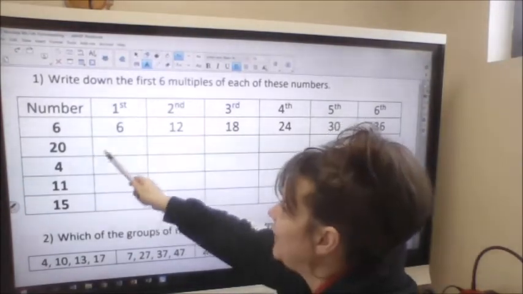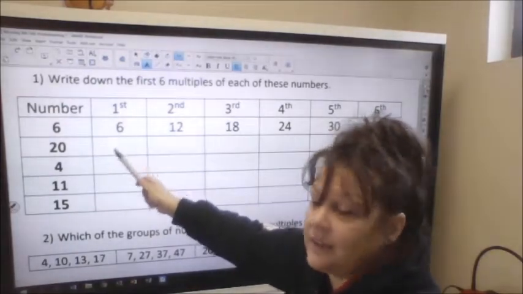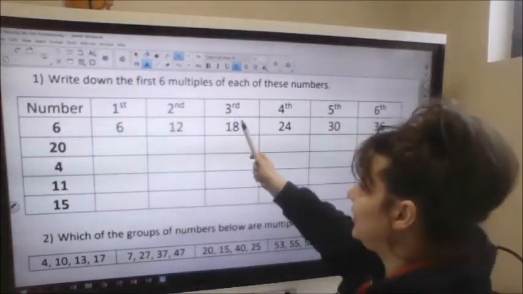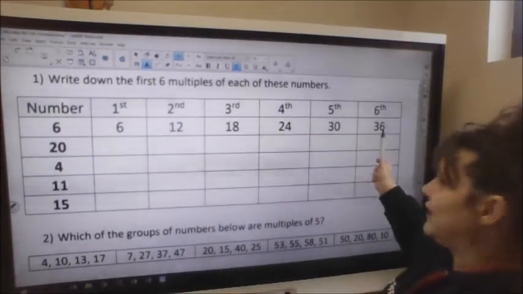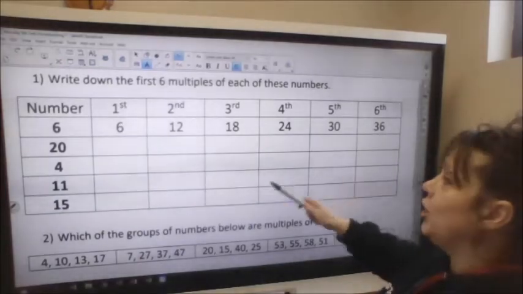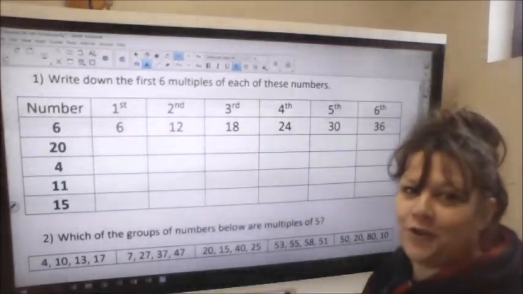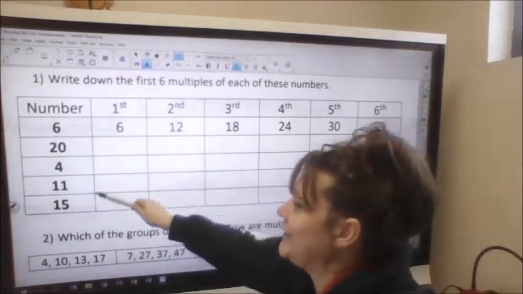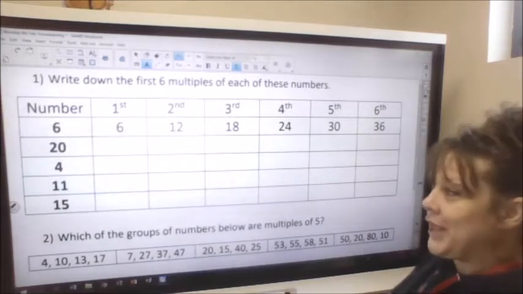So 6, the first one is 1 times 6, then 2 times 6, 3 times 6, 4 times 6, 5 times 6, 6 times 6. So I'm going to do this row, and then you're going to have a little go at the next 3 rows. Okay, so here we go.